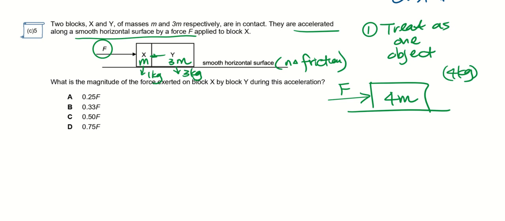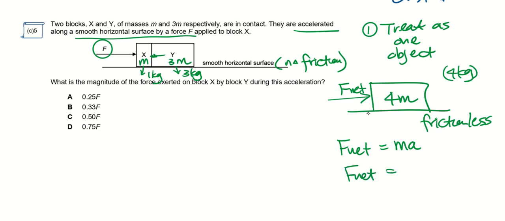Now that I have already treated them as one object, and because this is frictionless, this is going to be my Fnet, the only force acting in the horizontal direction. Since it's the only force in the horizontal direction, this is my Fnet. So if I have Fnet, there's going to be acceleration. My Fnet equals m, because now there is 4m as a whole object, times my acceleration.